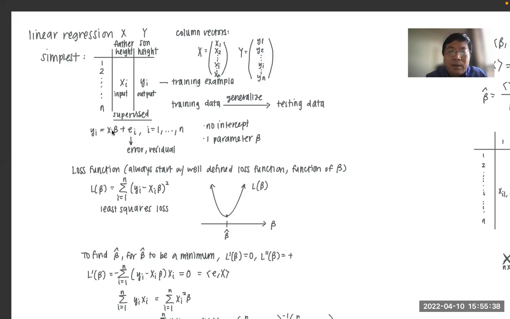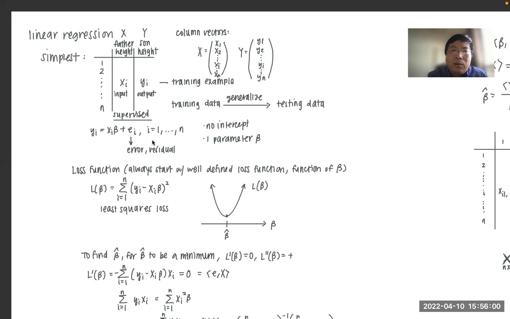So this linear regression model only captures part of the relationship between X and YI, or at least part of the variations in YI. And then the other part is random fluctuation or biological fluctuation. For example, within the same family, if you look at the son's heights, they can be different.